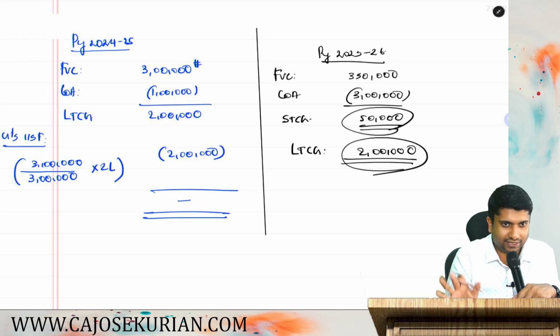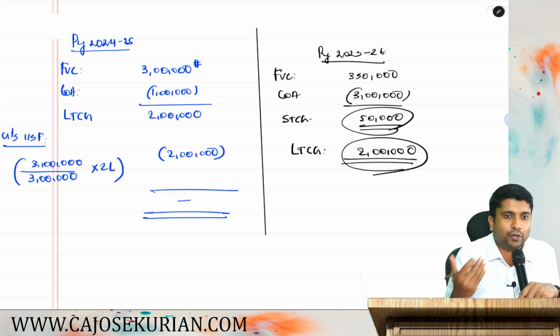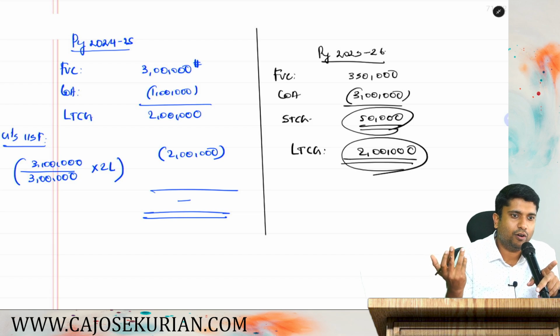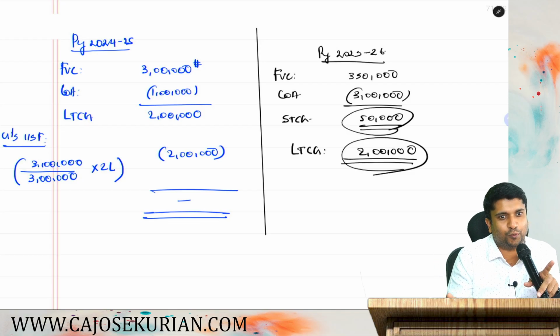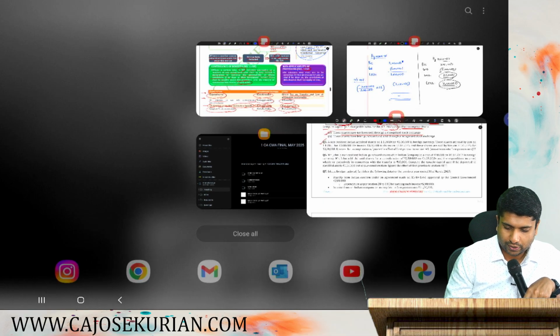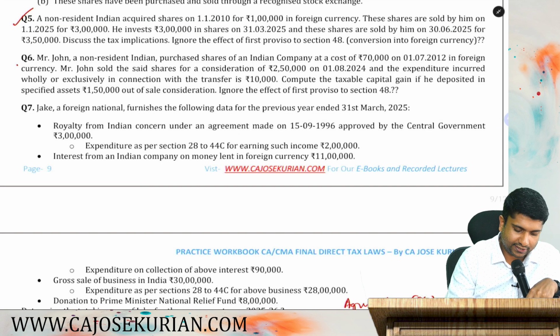You convert everything into foreign currency and you reconvert it into Indian rupee, then claim the 115F exemption. This is what you are supposed to do. Are you with me? But the questioner says, don't follow first proviso to section 48. If they don't want, we also don't want. That's it.